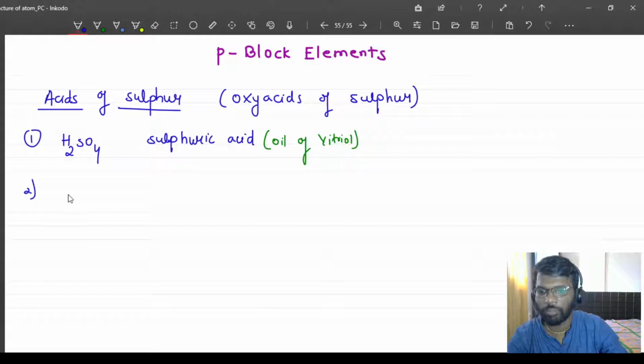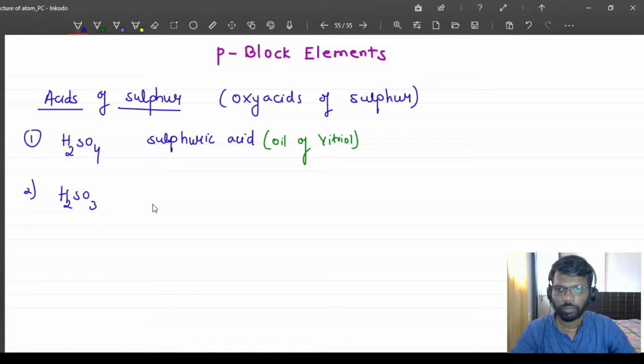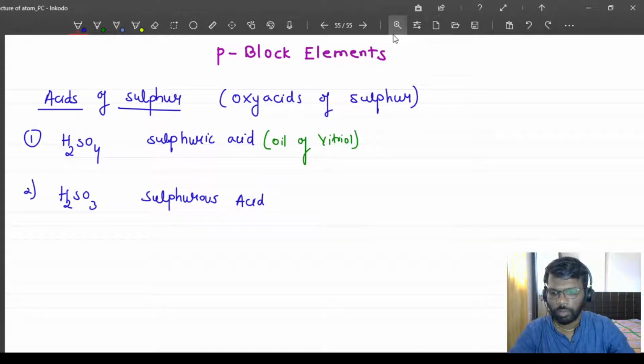Then second is sulfurous acid. That is H2SO3. Then third is H2SO2.